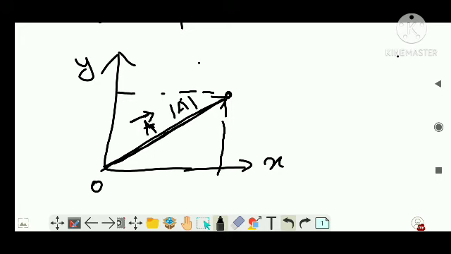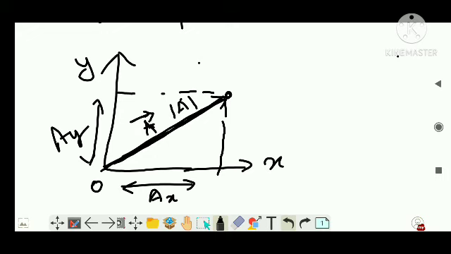Let us say the component of A along the x-axis, this much value, is called Ax, right? This is the x component of vector A. Similarly, the component of A along the y-axis, this much value, I'm writing it as Ay. Clear? I just told you before, if there are 2 points, Ax is this value and Ay is this value, right?